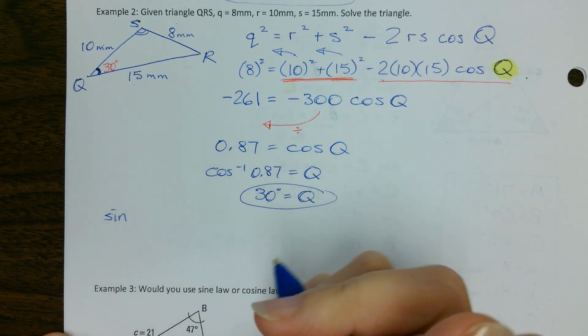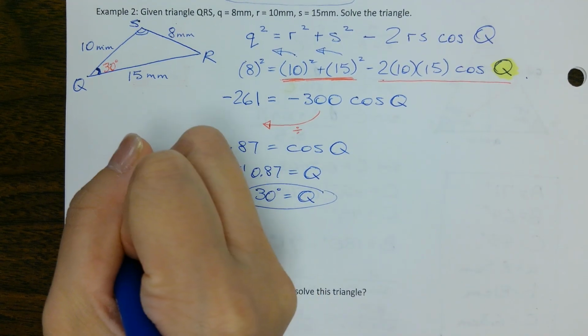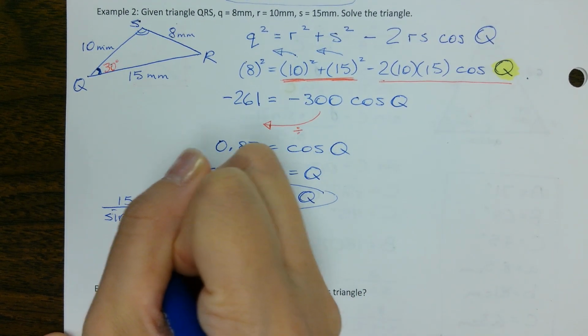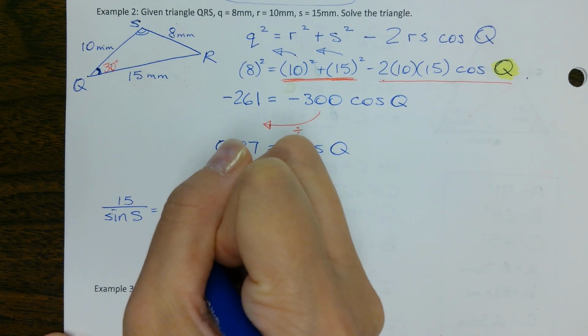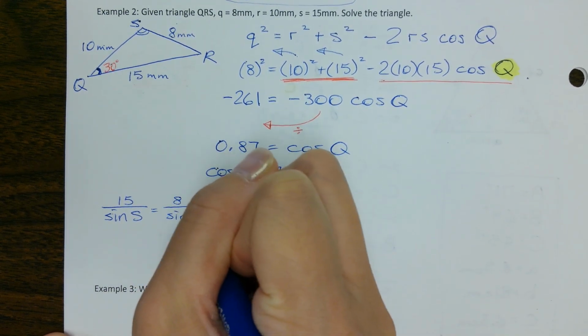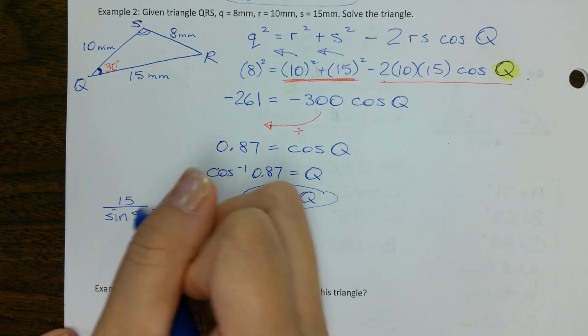So 15 over sine s equals 8 over sine 30. Okay. So cross multiply and divide.